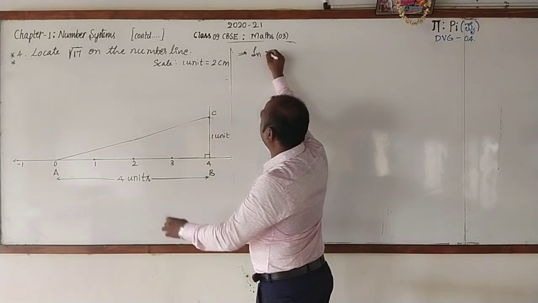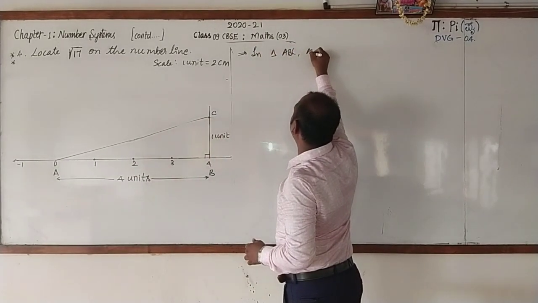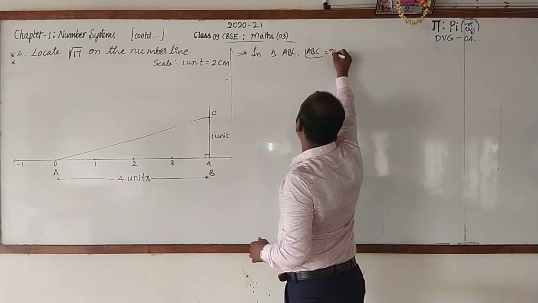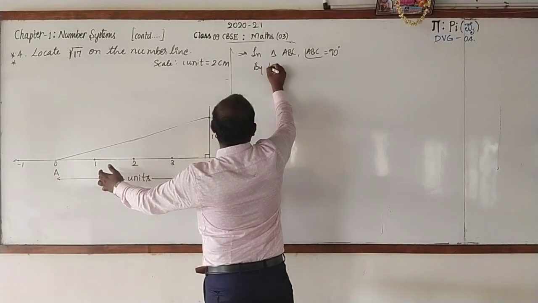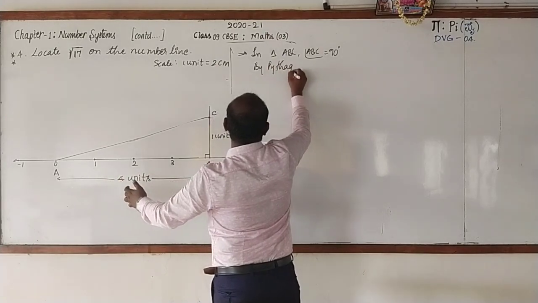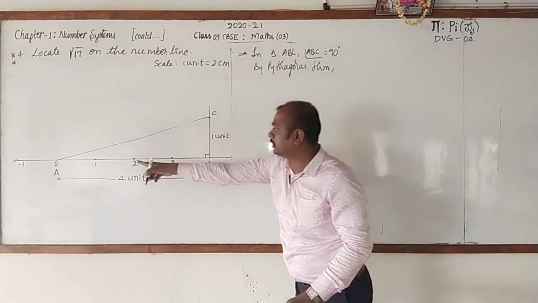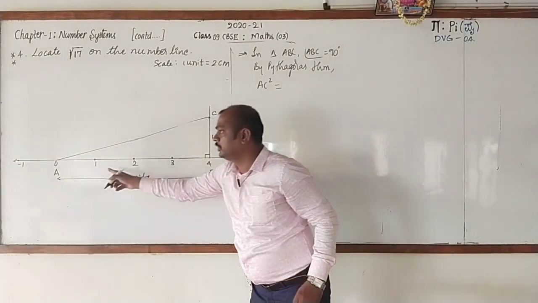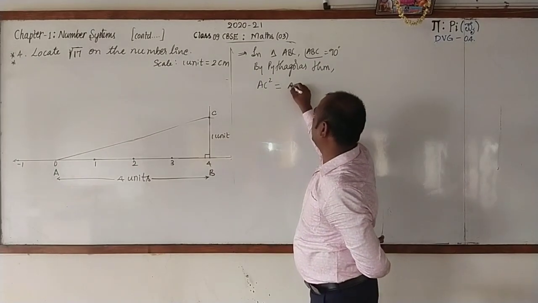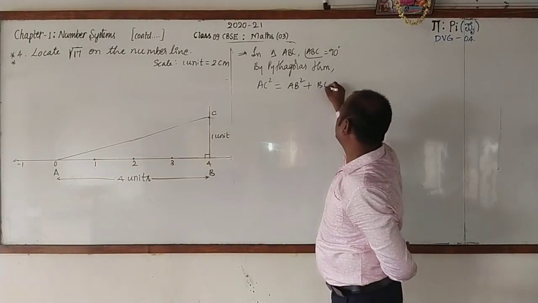In triangle ABC, angle ABC equal to 90 degree. Then by Pythagoras theorem or property, you can write the hypotenuse AC square is equal to base AB square and the perpendicular BC square.